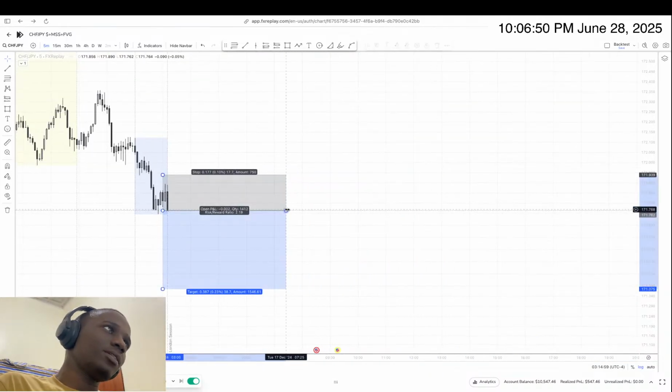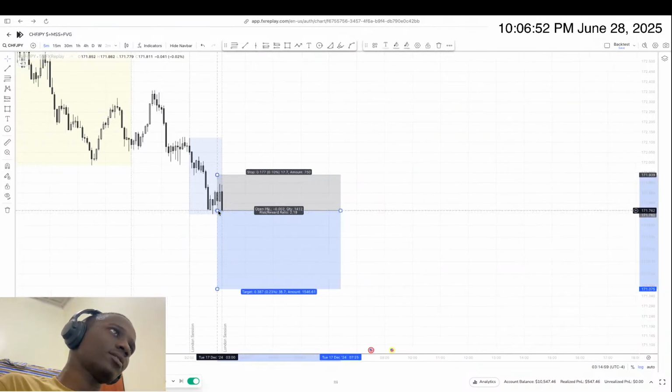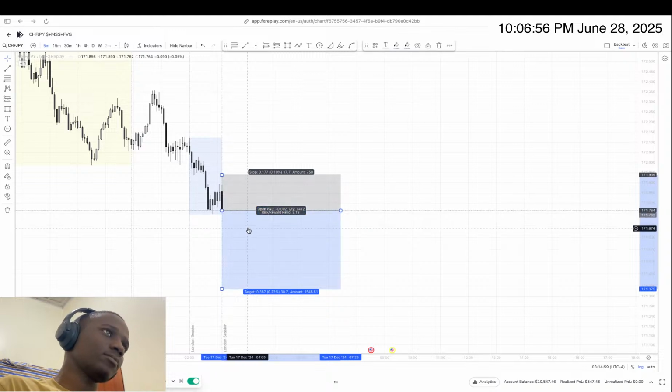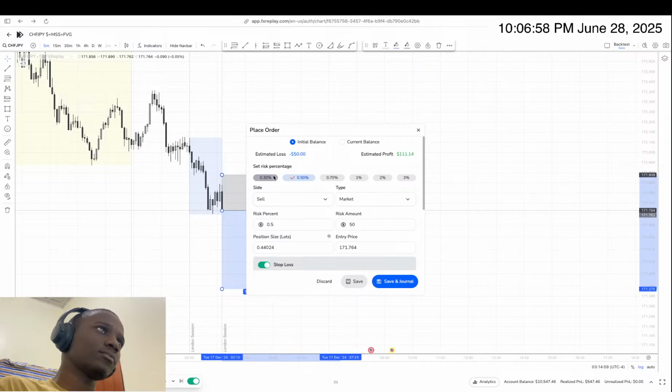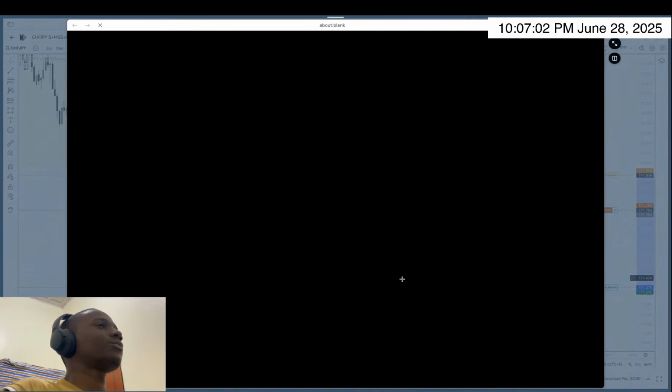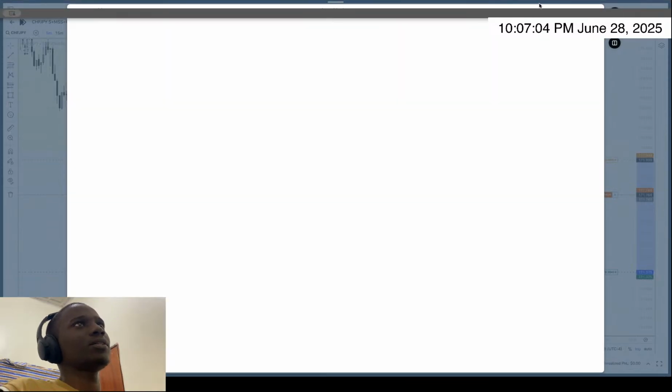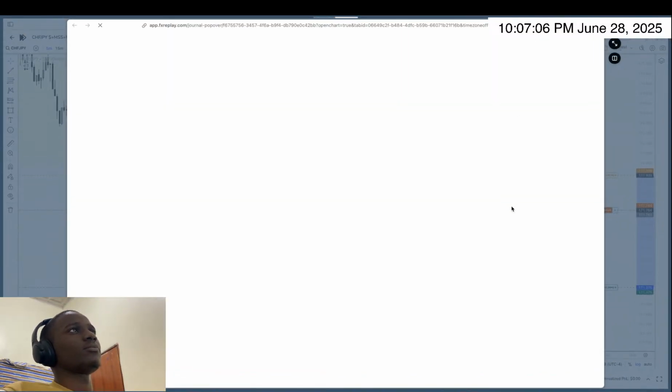And 5 minute, how does it look? This is a low probability trade. I didn't want to risk much because I didn't see all my entry criteria confirmations.